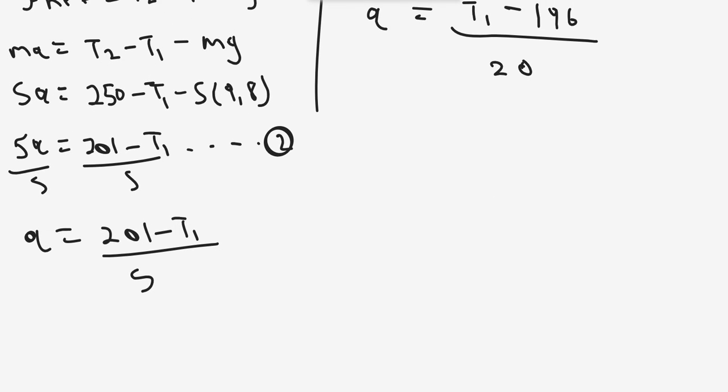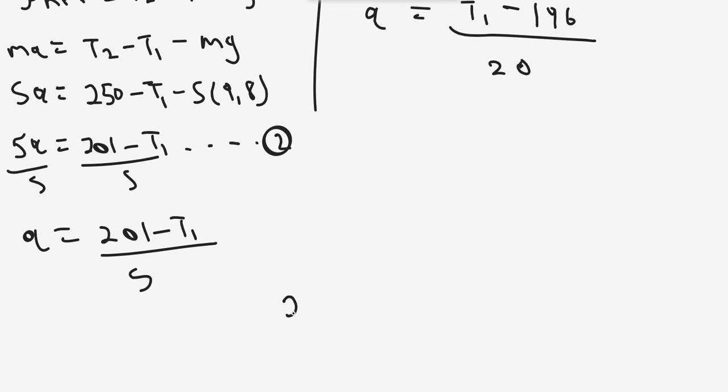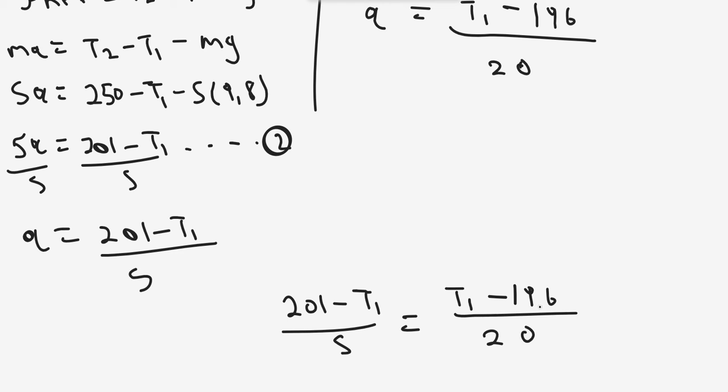And now, since we have a in both formulas, we can equate them by saying 201 minus T1 over 5 is equal to T1 minus 196 all over 20.